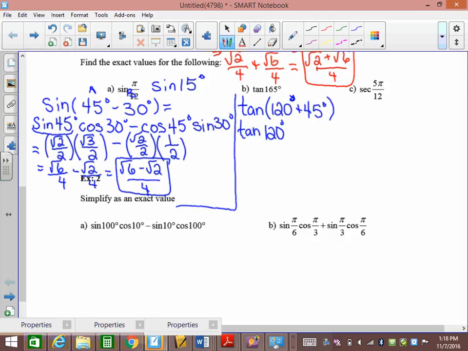Tan of 120 plus tan of 45 divided by 1 minus tan of 120, tan 45. Some errors just happen between copying the formulas down. So make sure that's not you.